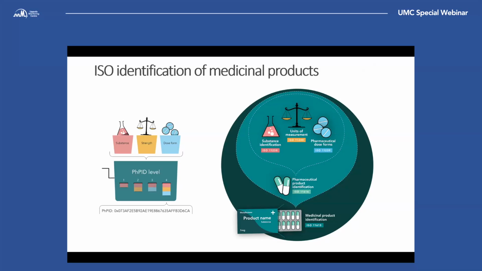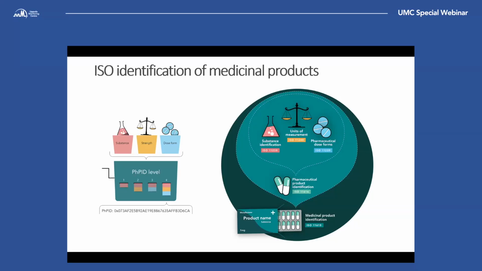And as you can see to the right, on the bottom you have the medicinal product identification standard 11615, and included there you have all the details for how you should handle excipients, etc. But then above that, you have the pharmaceutical product identification, the ISO 11616, where you basically take the dose form, units of measurement, and substance, put them together, and get something that you can compare across the world, even if it's not exactly the same.